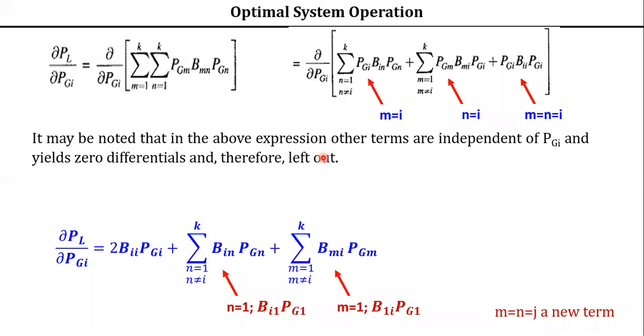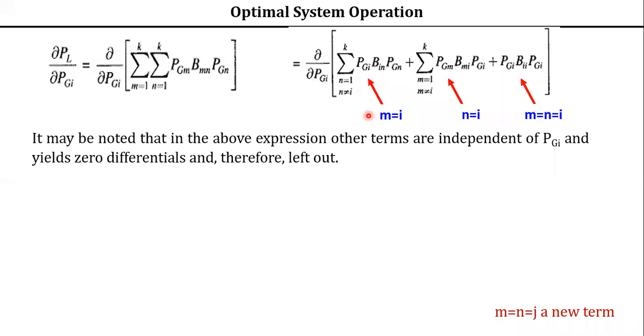In the above explanation, the other terms are independent of PGI. Therefore, the partial derivative of the other terms leads to 0. So we have to neglect the other terms and consider only the terms which are dependent on PGI.